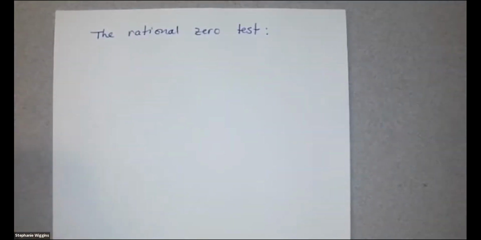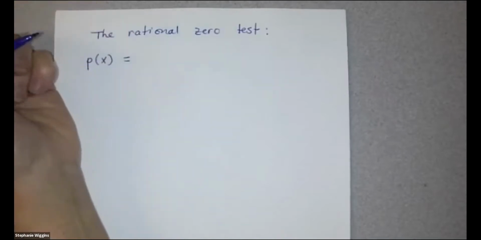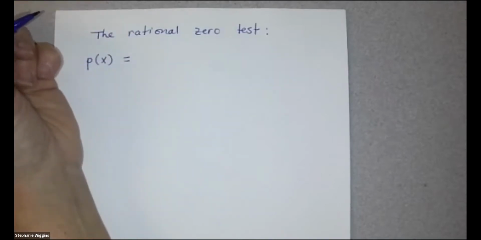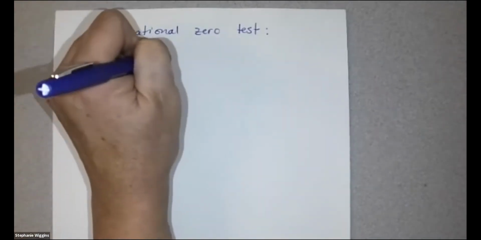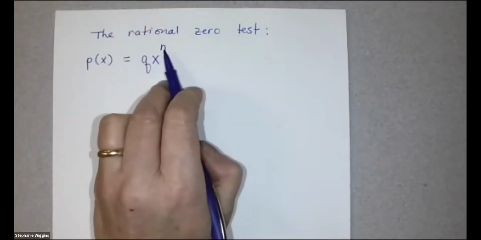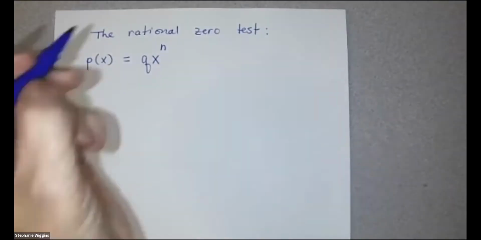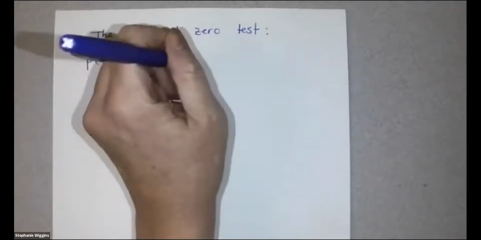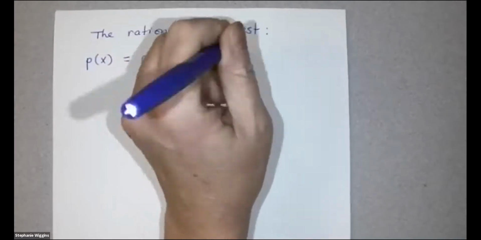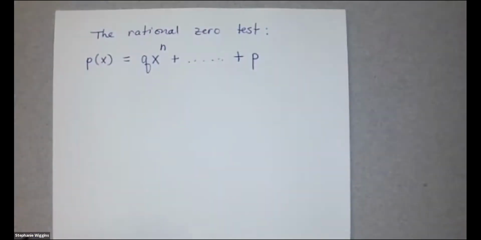So if you have a polynomial, let's say p of x equals q x to some degree n. N is a positive integer, okay? And then you have middle terms, and then your constant term is p, okay?